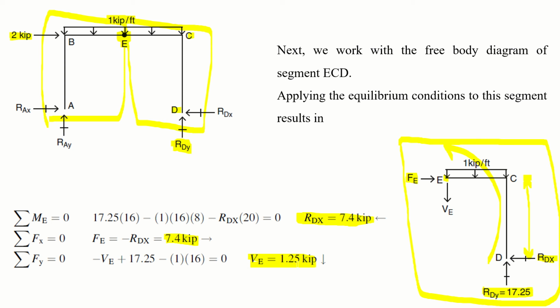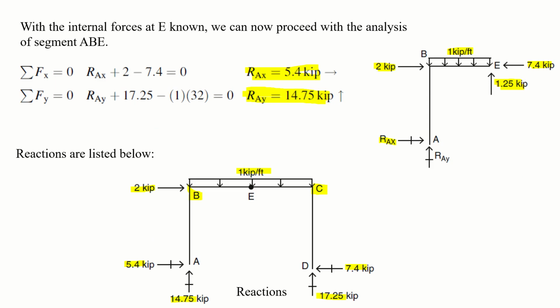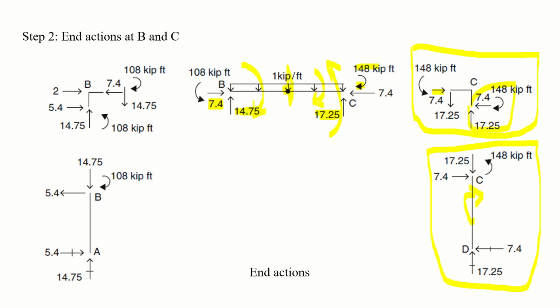Okay, and you are considering this 1.25. So this 1.25 multiplied by this 16 is causing a bending moment of about 20 kip-feet in counterclockwise direction. So 128 minus 20 is 108.